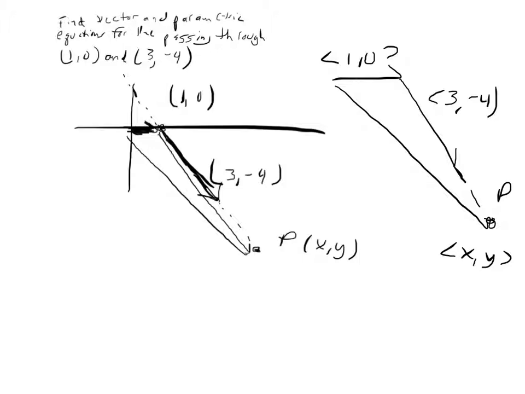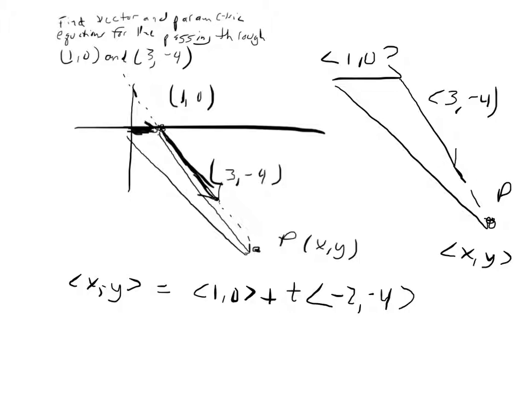If I set that up, then (x, y) is going to equal the first vector (1, 0) plus some scalar multiple, we'll let our scalar be t, of that vector between (1, 0) and (3, -4), which is (-2, -4). So there is my vector equation for the line that contains (1, 0) and (3, -4).